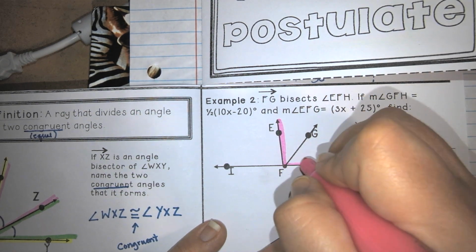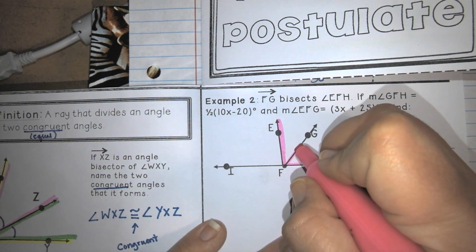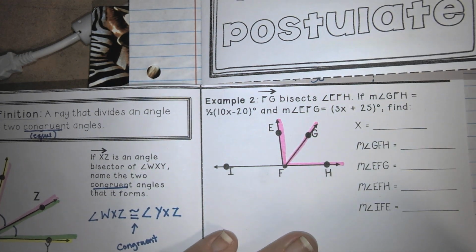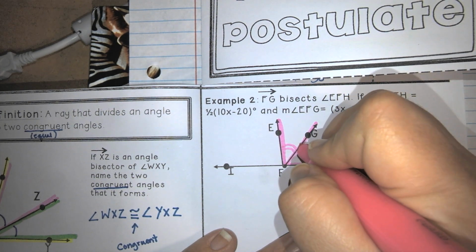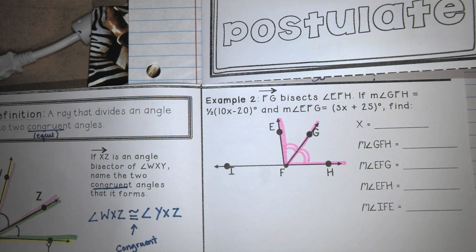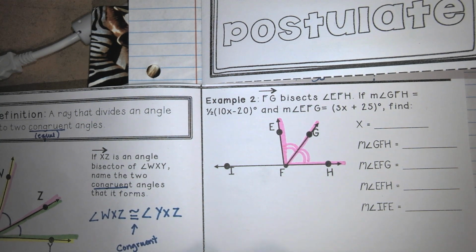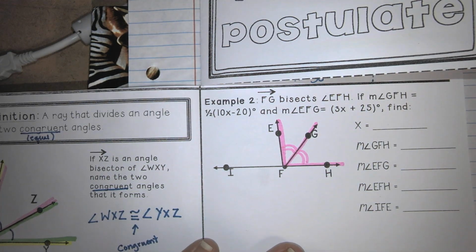So EFH is this angle. So notice I just traced EFH. FG is what's dividing it in half. So there's your bisector, which means that this is going to be the same as this. So that means the two angles that are the same are EFG and GFH.